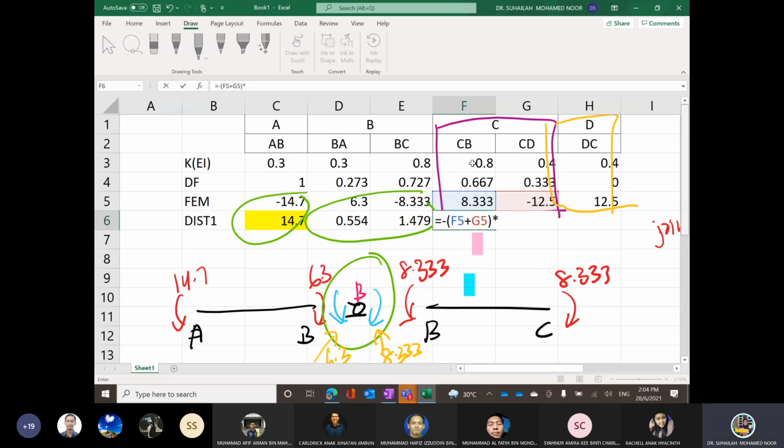Times with 0.667. Okay, and repeat again, we put negative. Total this one and this one at the same joint, times with 0.333.